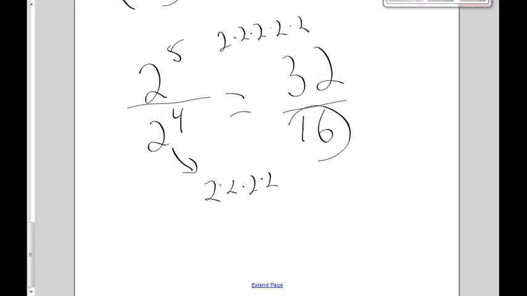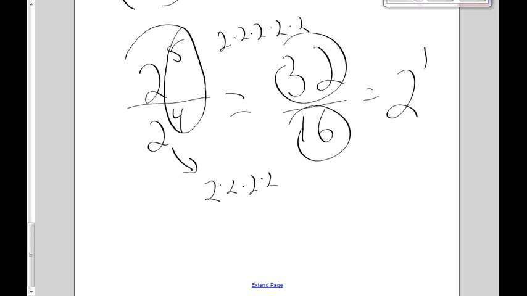How many times does 16 go into 32? Well, the answer is twice. And 2 is really 2 to the 1. If we look at these numbers here, we can actually see how we can get a 1. If we subtract 4 from 5, we get 2 to the 1.